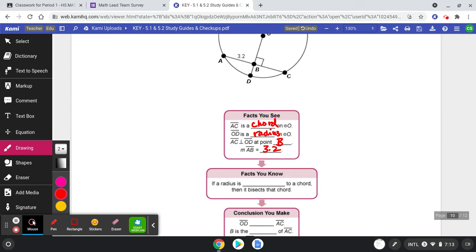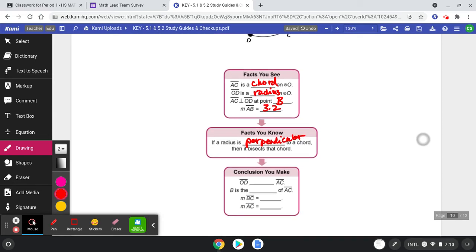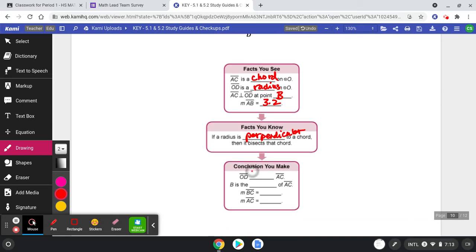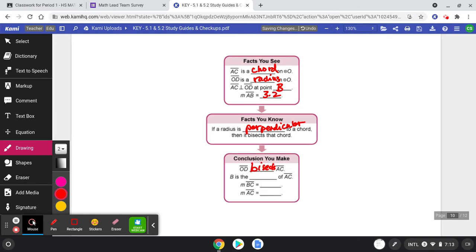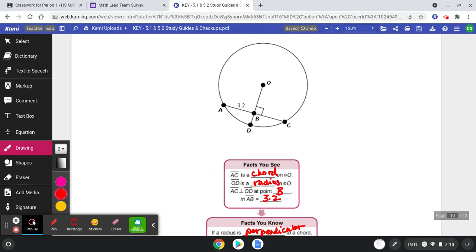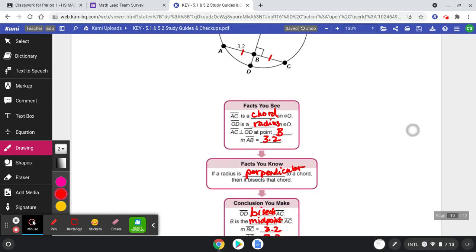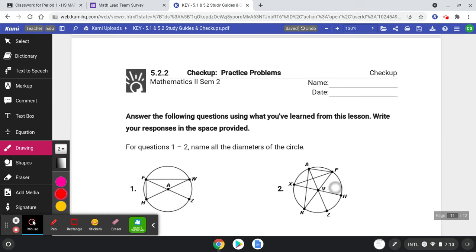And what we know is that if a radius is perpendicular to a chord, then it bisects that chord. And so OD bisects AC, and B is the midpoint of AC. So if the measure of BC is 3.2, then we know that the measure of AC is also 3.2. So going back and looking at the image, I know that this is equal to this if those are perpendicular.